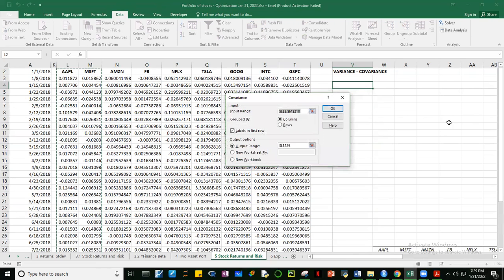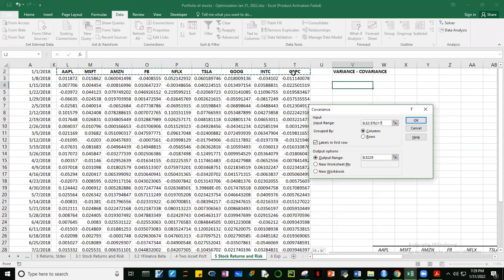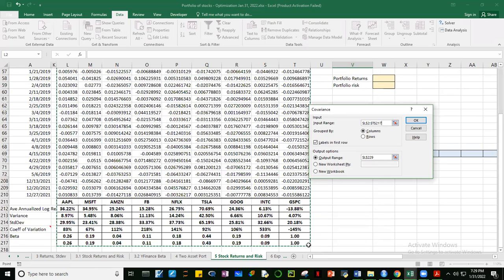The input range is Apple up to GSPC, only up to row 210, so L2 up to T210.